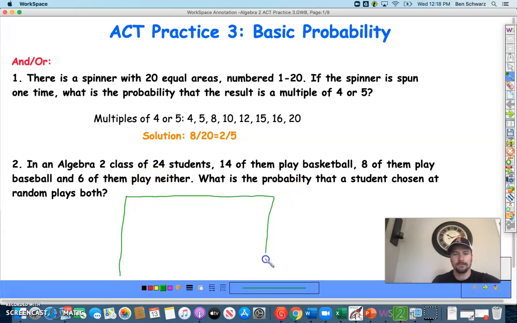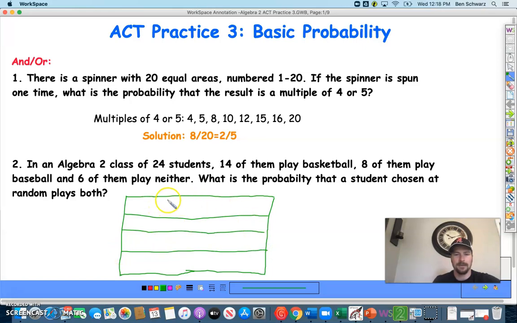We have two variables going on here. Let me finish making my chart. You're probably thinking, why do you need all these spaces? Well, I need a title. Let's start with basketball.